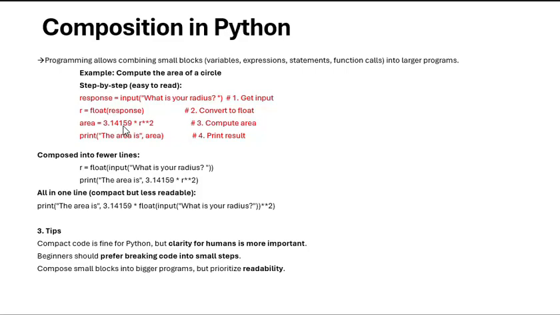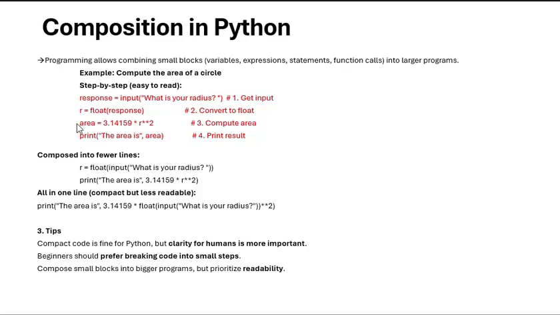Area is equal to 3.142 into r squared. Then print "The area is", area. It will take the r from the user which I have given and print the result. Got it? This is the step by step way to solve it, but you can compose it into fewer lines.